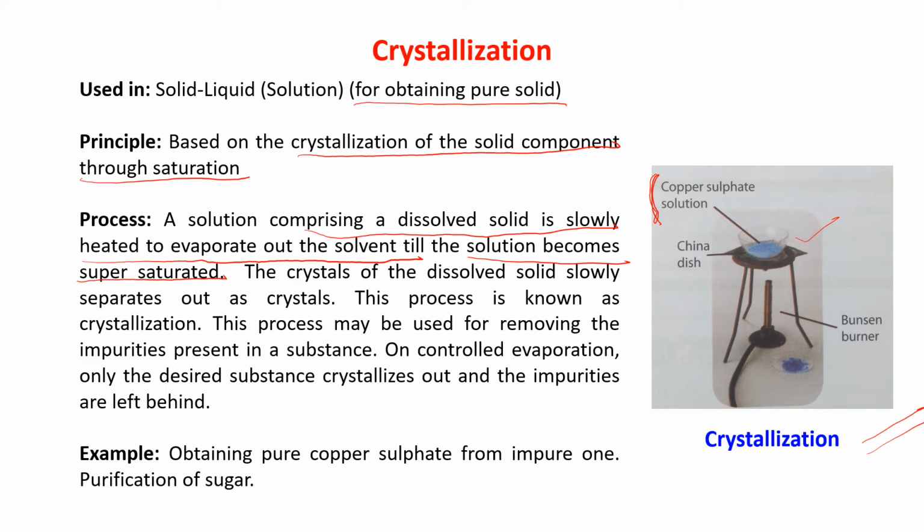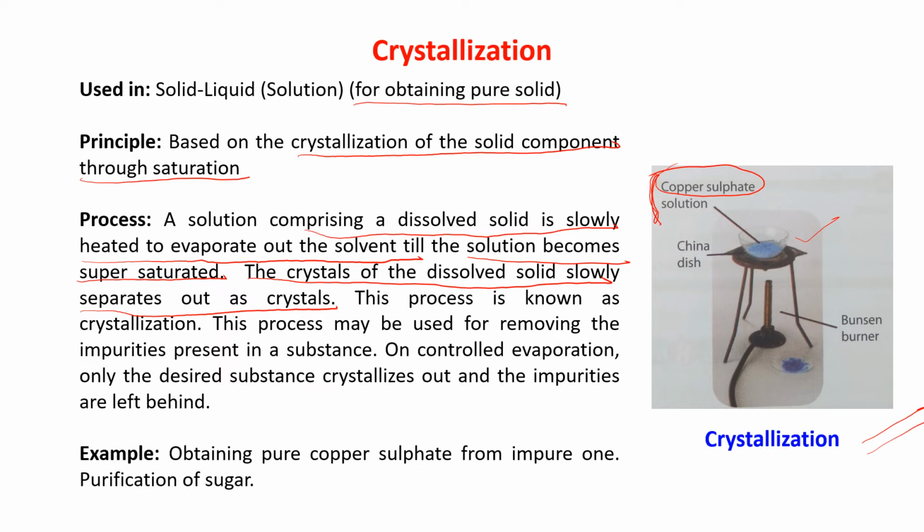Now the crystals of the dissolved solid slowly separate out as crystals. Crystals of what? Here in this case, the crystals of copper sulfate. It will slowly separate out as crystal, but for that you have to make a supersaturated solution by evaporating the excess of water.